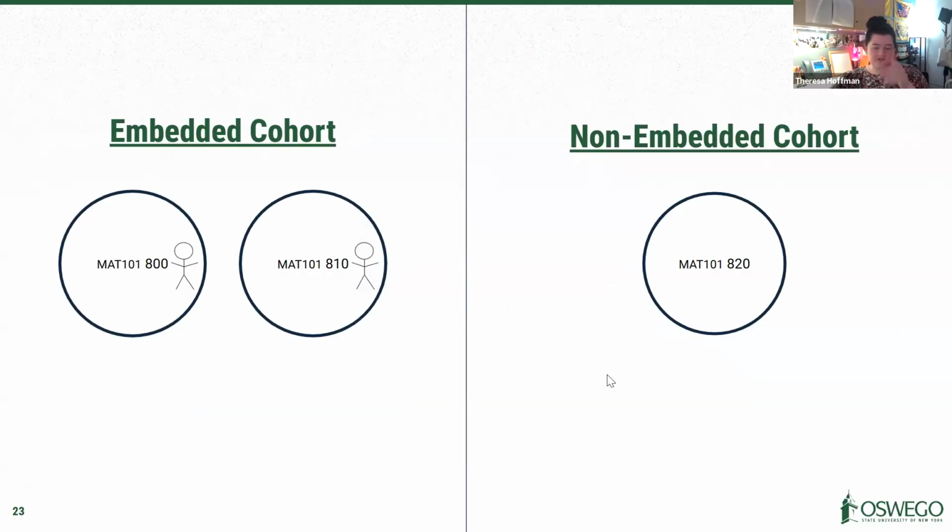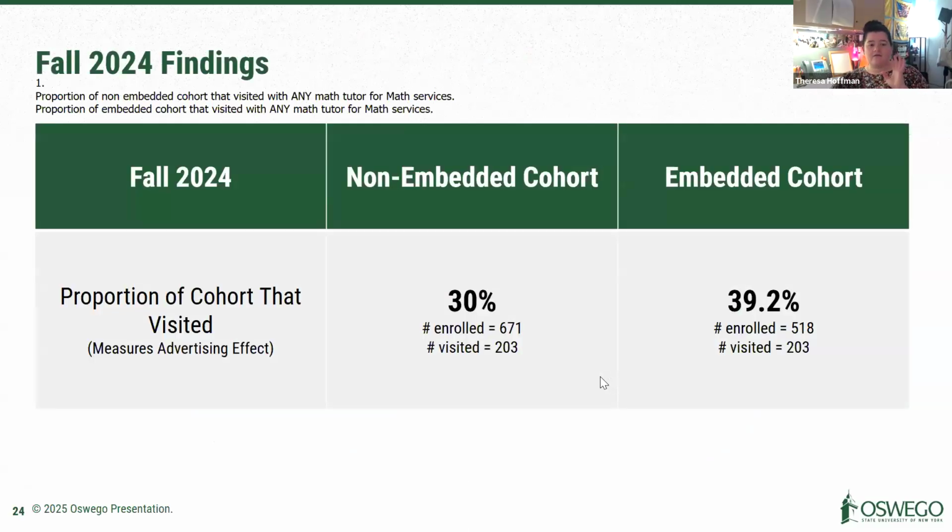And first we can look at the effects this had on coming to tutoring even just once. Starting off, reading from left to right, we wanted to look at the proportion of the cohort that visited the tutoring centers, the fact that they came here and showed up for at least one thing.